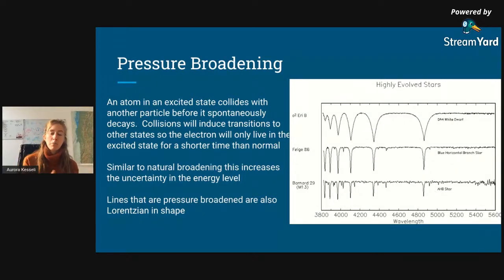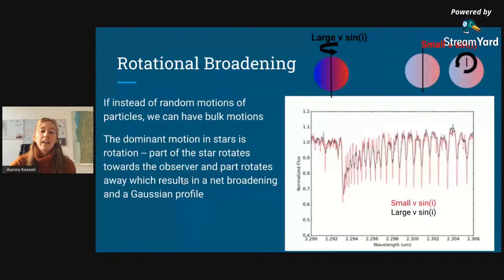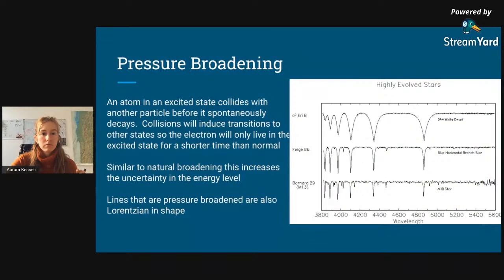And like for natural broadening, a shorter lifetime leads to a larger energy uncertainty. And so because collisions cause it to stay in those excited states for a shorter period of time, there's a larger uncertainty on the energy. You can kind of think of it as collisions are perturbing the energy level slightly.